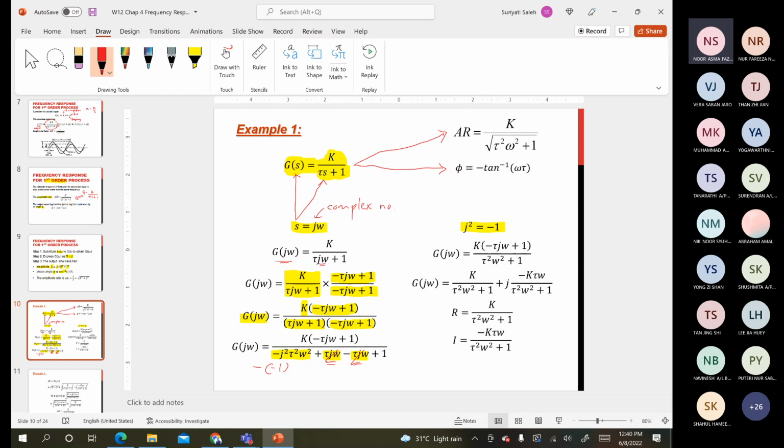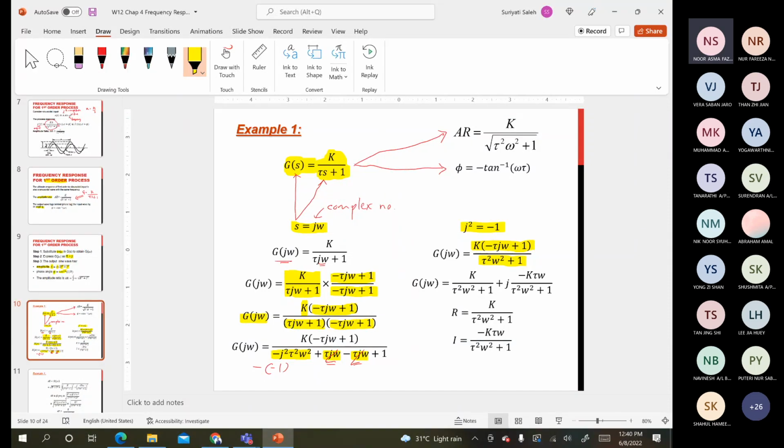So for the bottom part, we get tau square w square plus 1. Here we already eliminated the tau jw. Then the problem is the denominator, where you still have the negative tau jw plus 1.